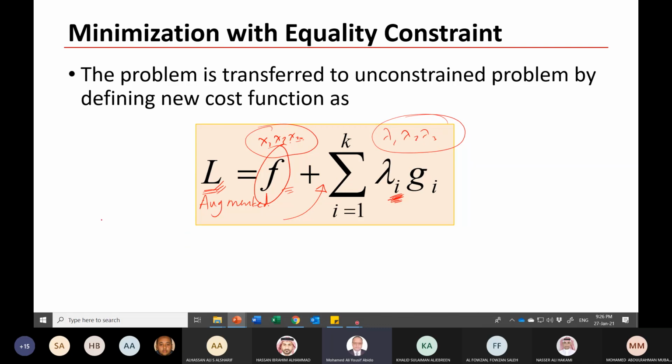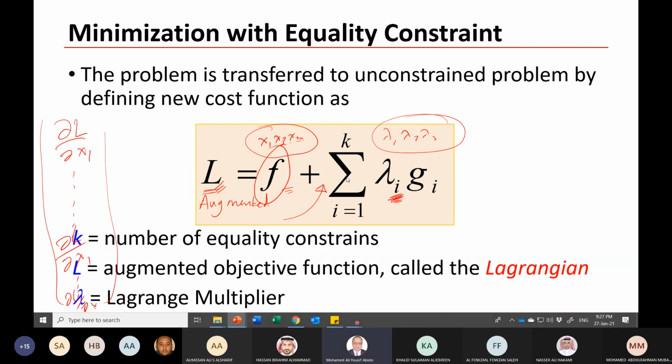And the same necessary condition is there. You have to get partial L by partial x1, partial L by partial lambda 1, partial L by partial lambda n. So you have more variables here, but the beauty is you convert from a constrained to an unconstrained problem.